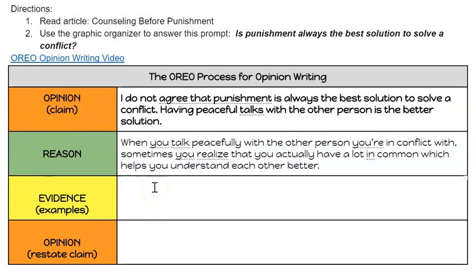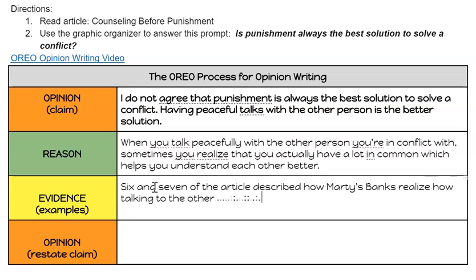Lines 6 and 7 of the article describe how Marquise Banks realized how talking to the other student helped because he found out they have a lot of similarities, period. Now let me just make sure.